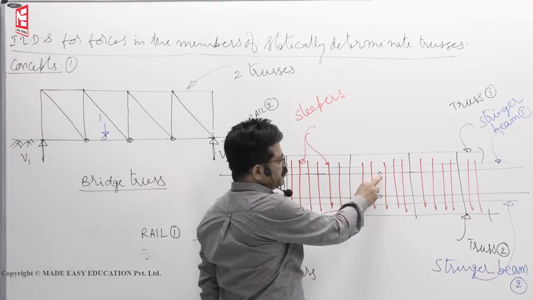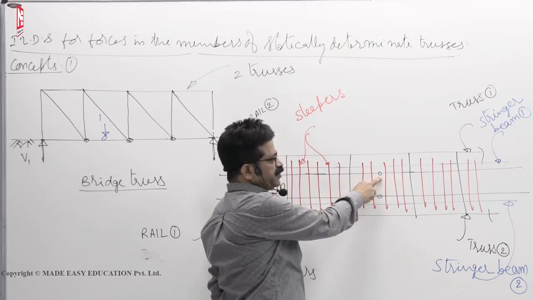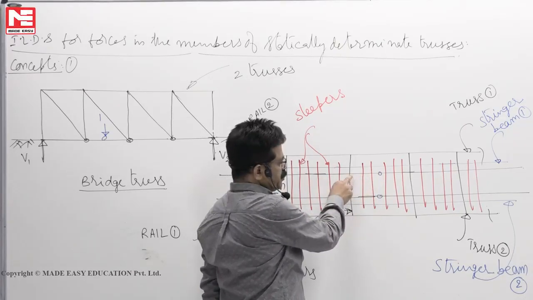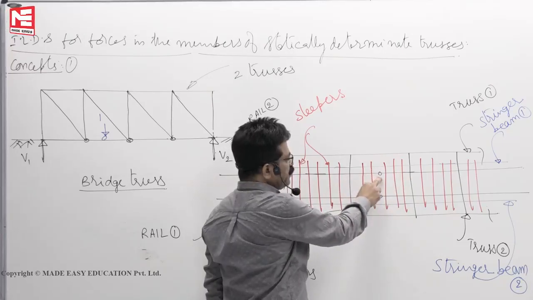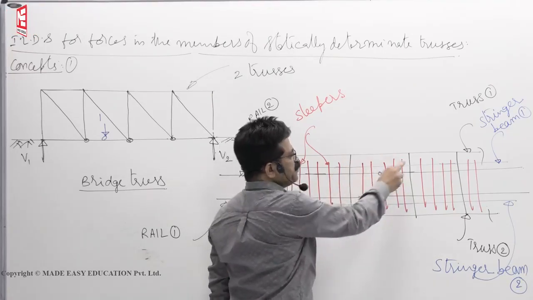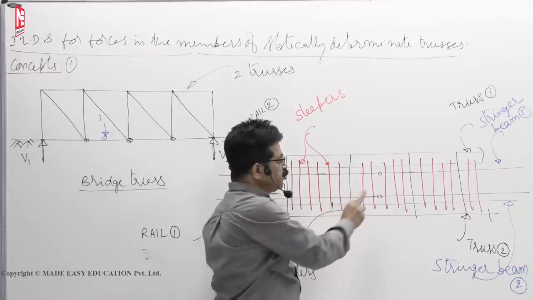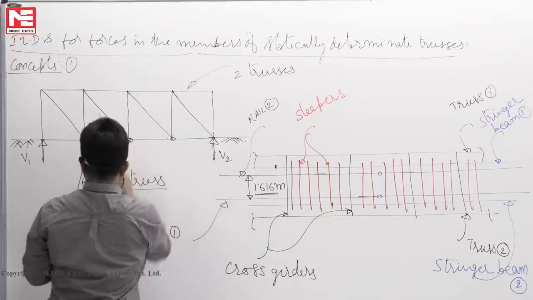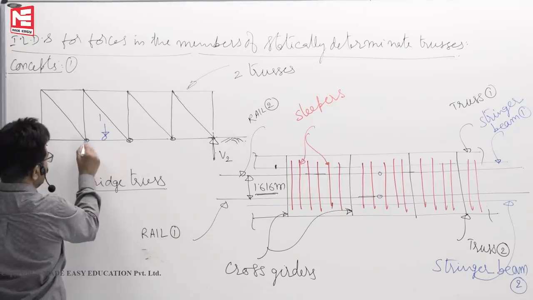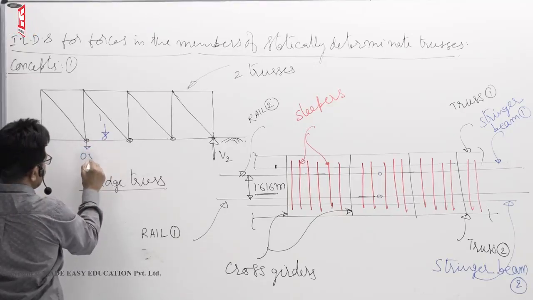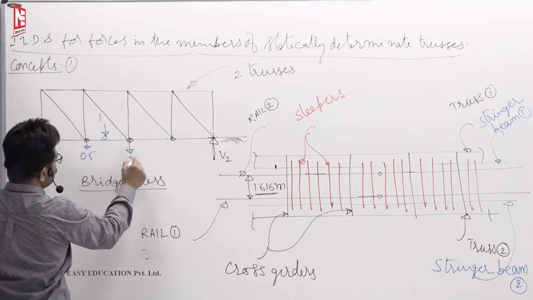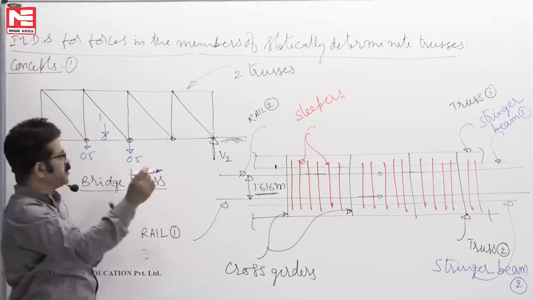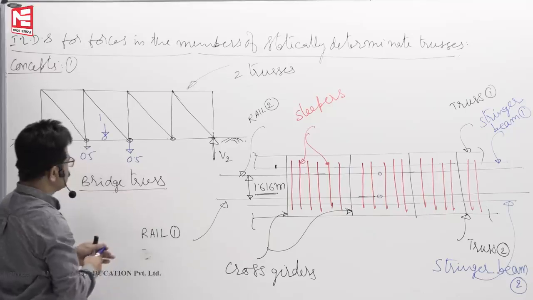So when the unit load is here, because the rail is simply supported on cross girders, half the load comes to this cross girder, and the remaining half goes here. No load is transferred to the other span. That means when the load is exactly at center, half the load is coming here, half the load comes here. Nothing will be transferred to this cross girder because of the simply supported assumption.